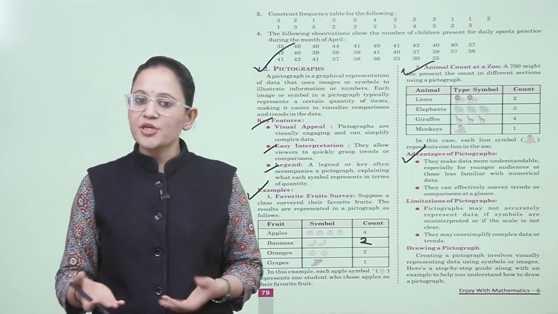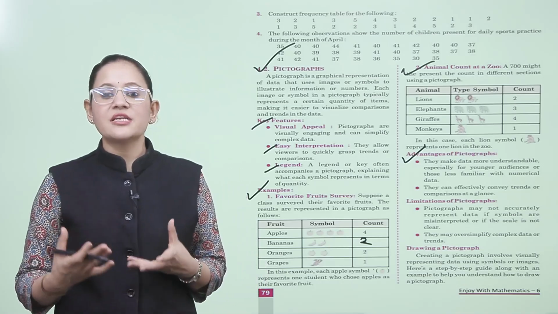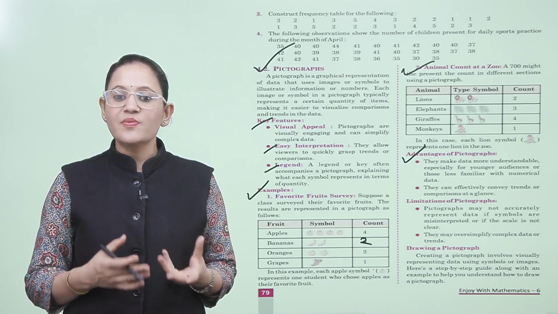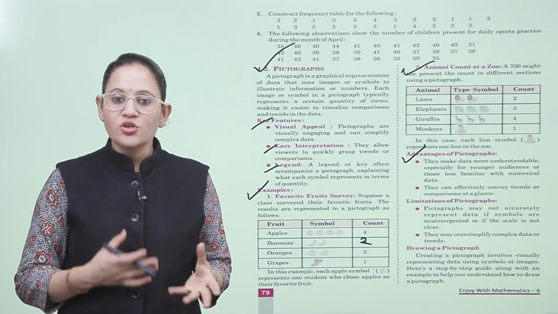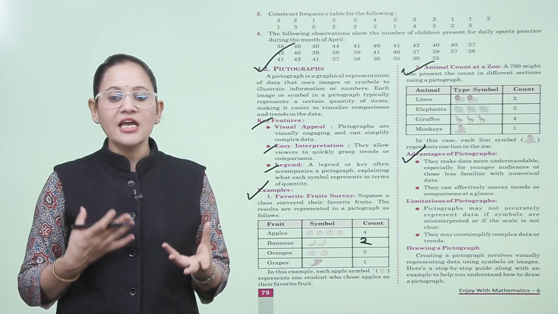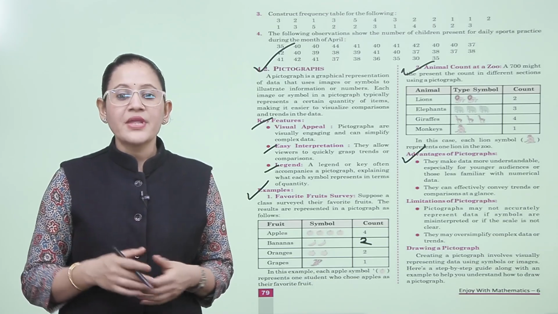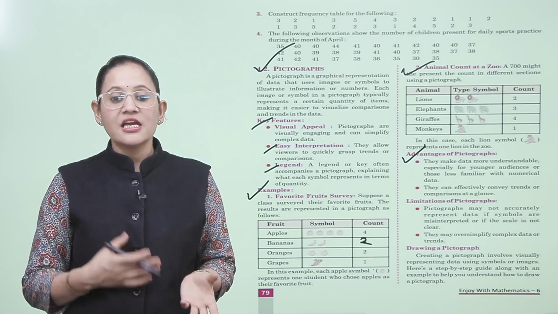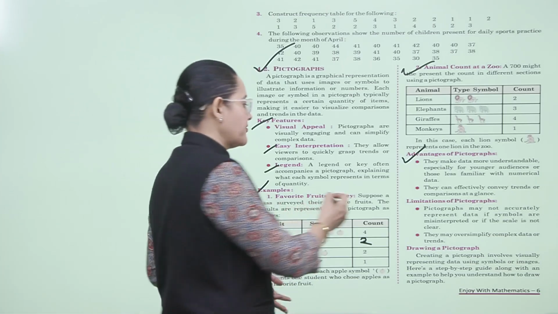Next, advantages of pictograph. What are the advantages of pictograph? They make data more easily understandable for a younger audience or those less familiar with numerical data. So it's visually appealing and appeals to the younger audience. They can efficiently convey trends or comparisons at a glance. What are the limitations of pictograph?